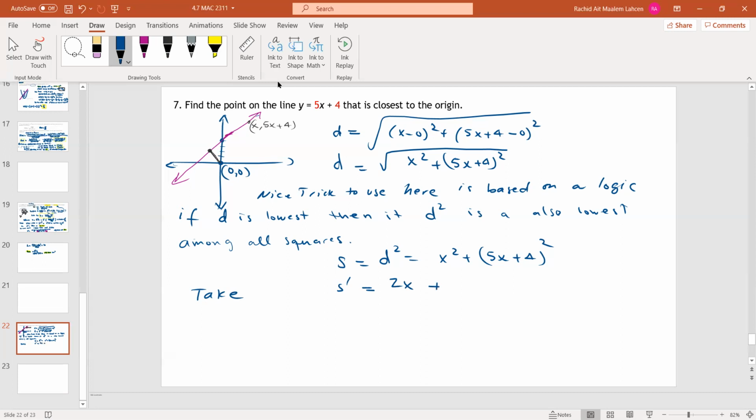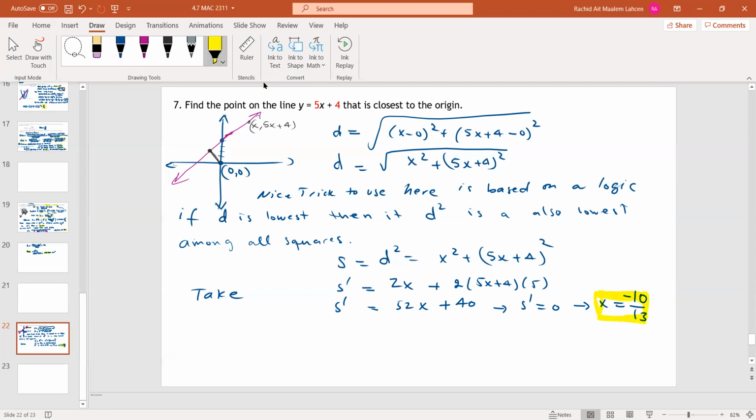It's 2x plus 2 times 5x plus 4 times 5 with the chain rule, and we have a 10x, a 50, so 52x, and a 40. And we again set it to 0. So x is negative 10 over 13 when you simplify.